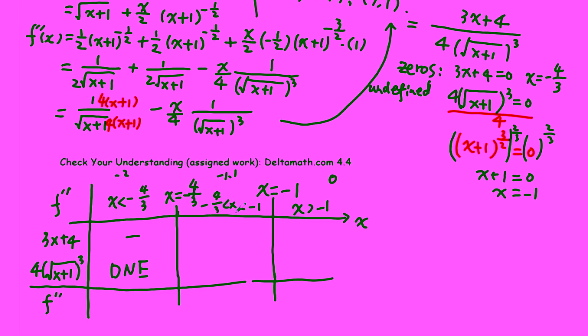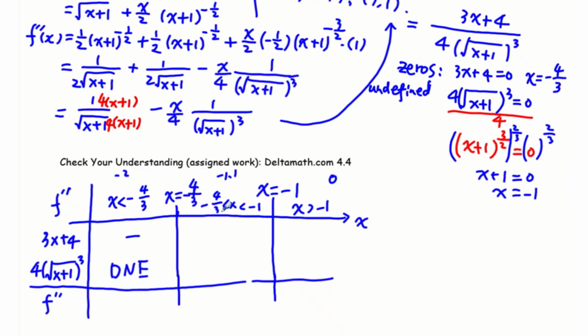From negative 4/3 to negative 1, we pick negative 1.1. Put here, 3 times negative 1.1 plus 4 is positive. Then negative 1.1 plus 1 is negative 0.1, the square root doesn't exist, so it doesn't exist. And when x is greater than negative 1, we pick 0. Put here it is positive, and put here it is positive. So f double prime doesn't exist on the left intervals.